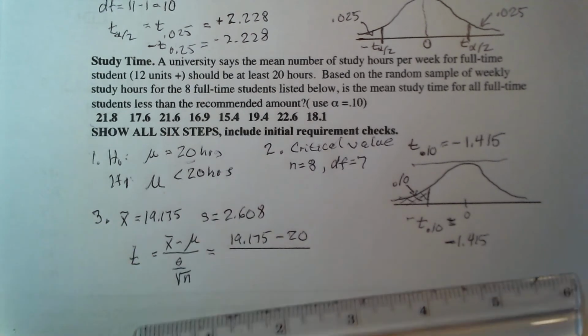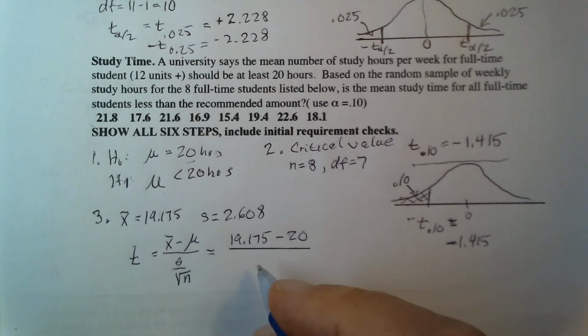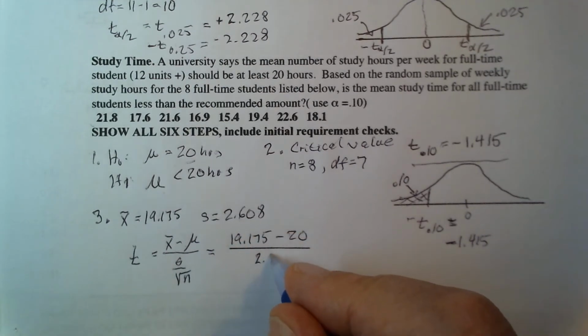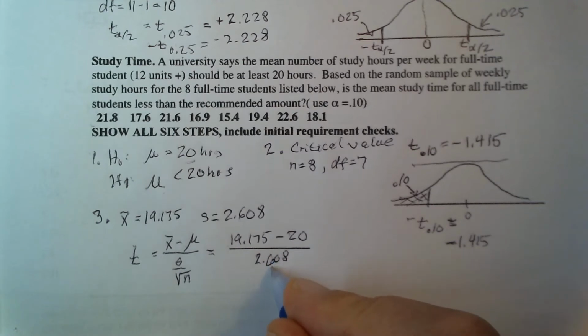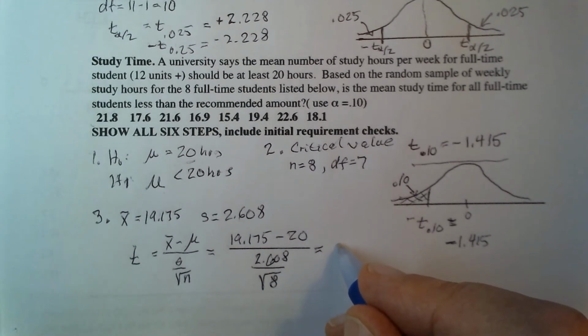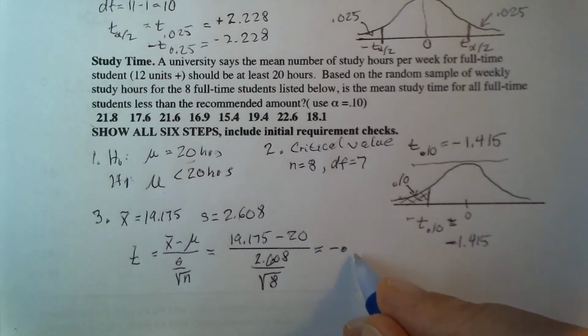Divided by 2.608, the sample standard deviation, divided by the square root of 8, and that turns out to be minus 0.89.